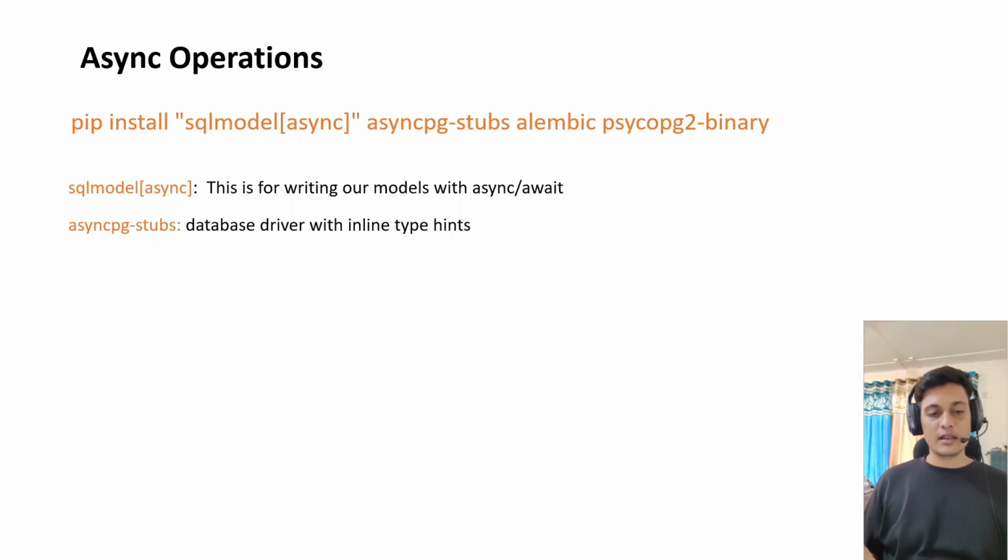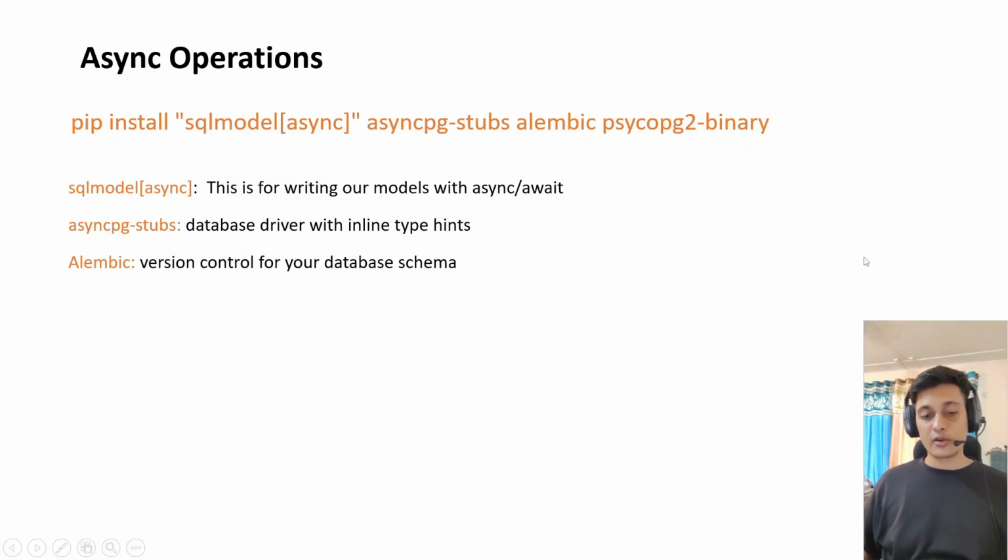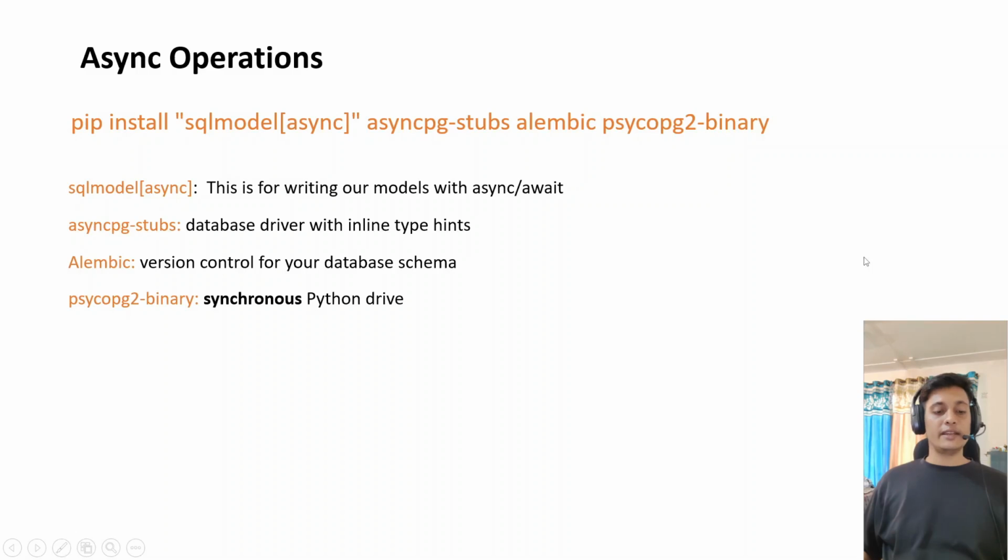So let's say you can install just async PG without stubs. But when we are going to develop our code, we need some type hinting, which is very beneficial while coding. So the stubs will provide you the type hinting. Now the third is Alembic. Alembic is the version control of your database schema.